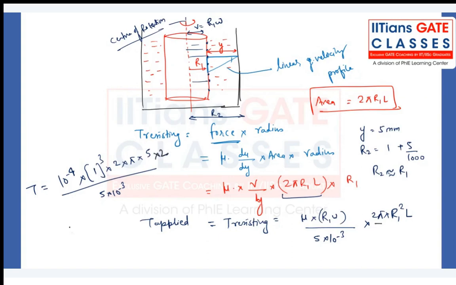Why? Because 2 pi r1 into L is there, and we already have the omega value, which is also equal to 2 radian per second. So both terms will be there. If you multiply the answer with 2, you will be getting 1.256 Newton meter, or you can write 1.26 Newton meter.